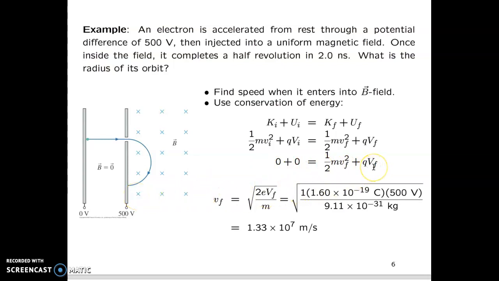Positive 500 volts. So what you can do now with this equation is solve it for v sub f, little v, the final speed. You should find that it's the square root of 2 times e times the final voltage divided by the mass.